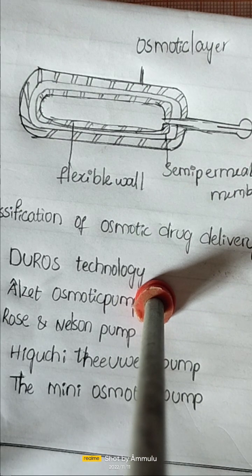It also consists of a semi-permeable membrane on one end, and on the other end the tissue water and osmotic engine are placed. The other compartment consists of a drug solution with an orifice through which the drug is released.